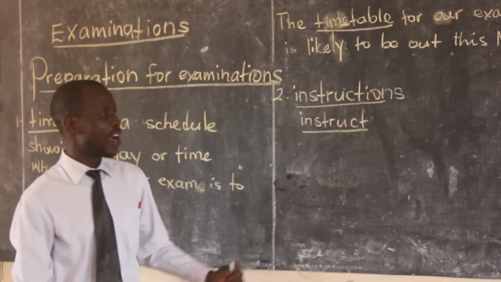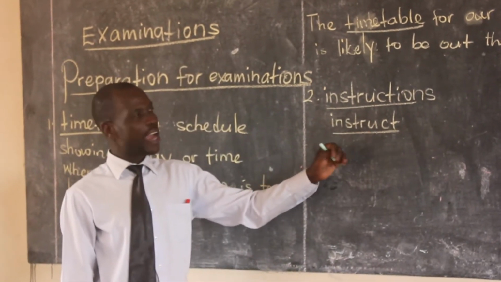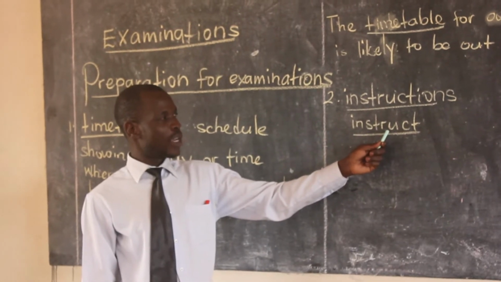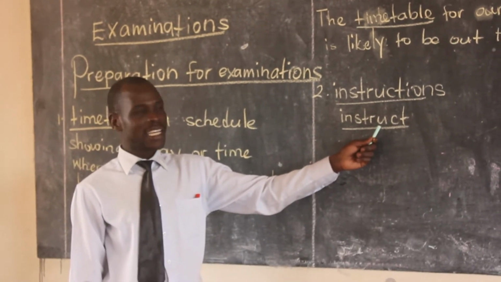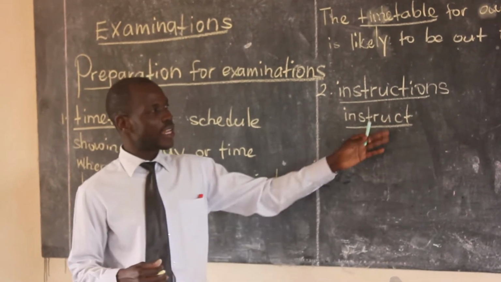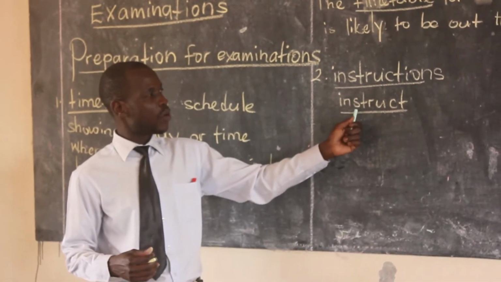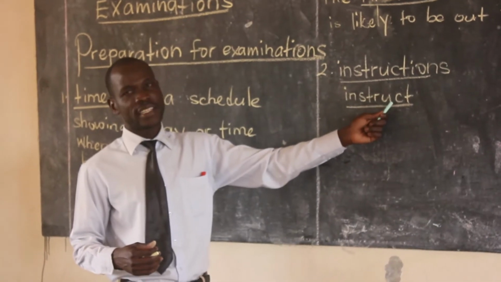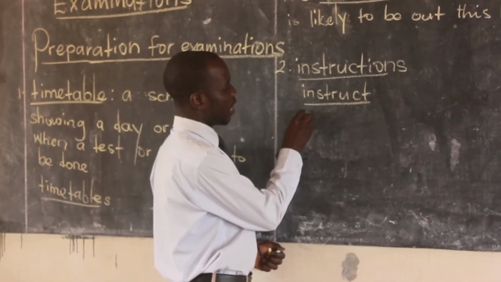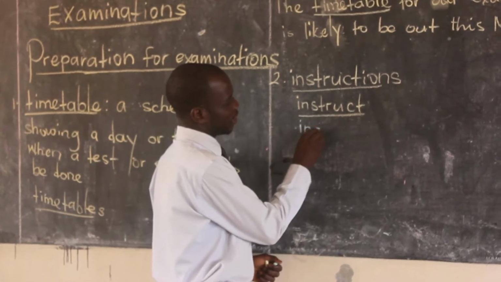Now, when we treat it as a verb, and we are saying instruct, that means you can form other words from this word. When we want to look at different tenses here, we can have the word instructing.